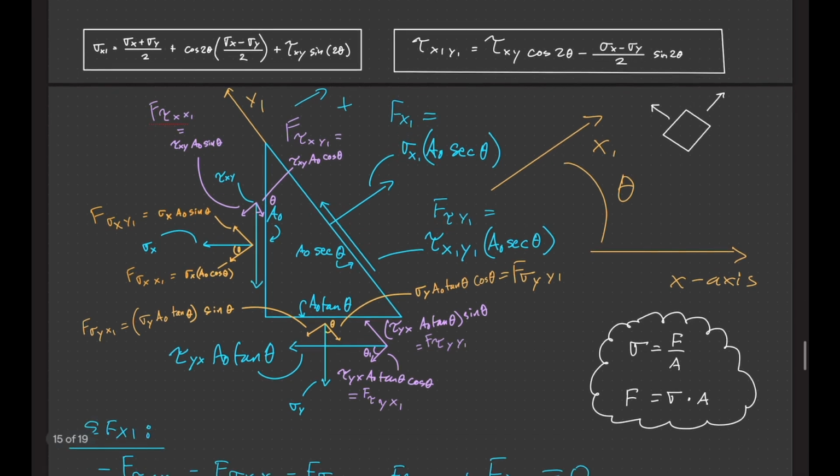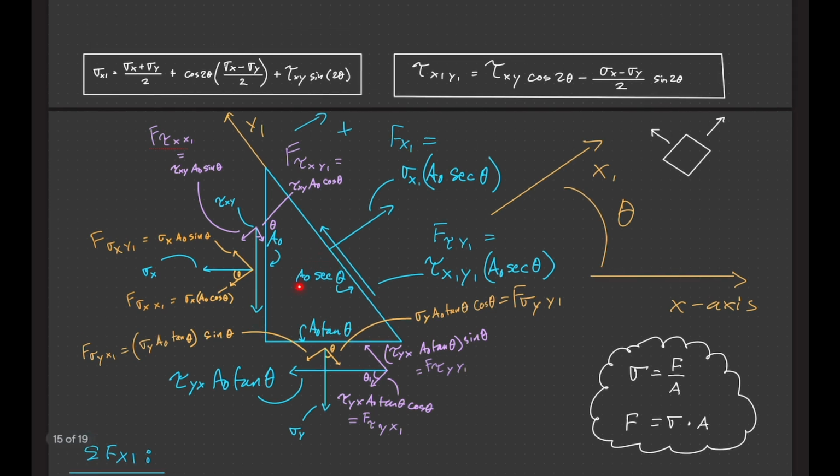Well, how do we do that? We know that stress is equal to force over area, and so force is equal to stress times area. But now, because of our angled plane, our area is not just our original area, but it is actually the projected area on the new angled plane. And so we have A naught secant theta times stress x1.